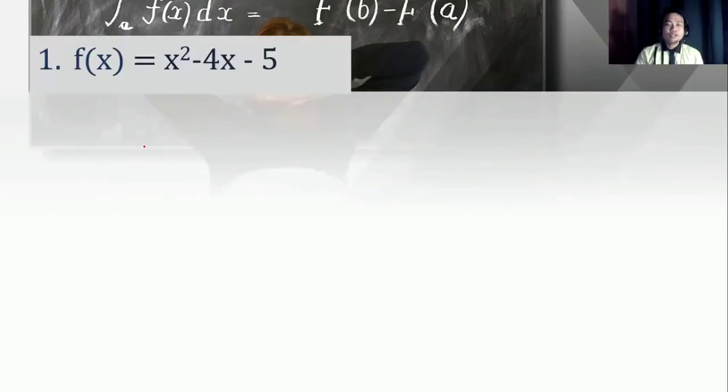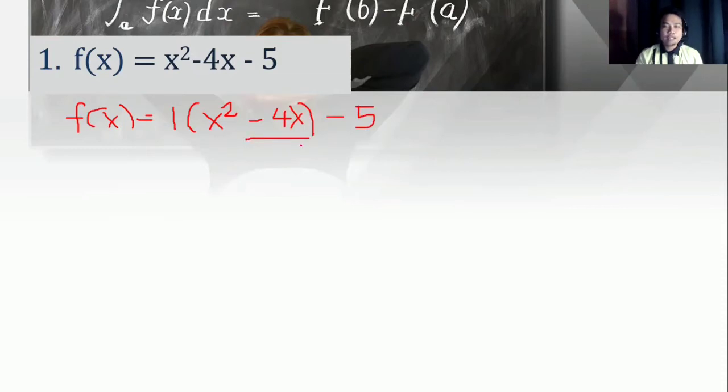So, the longest way. So we have to factor. Since the value of a is 1, factor out a, x squared minus 4x. Then we write the constant, we have negative 5. Then from the second term, we have negative 4x, half of negative 4, we have negative 2, then square, so we have positive 4.